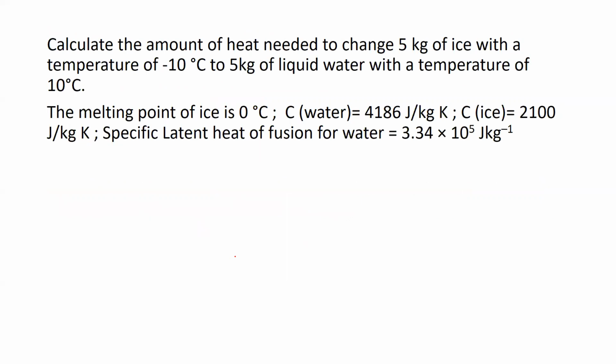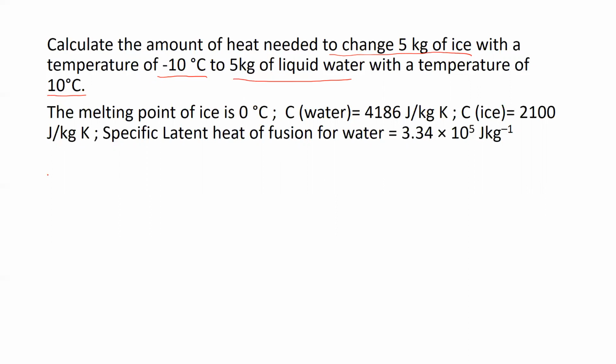Okay, calculate the amount of heat needed to change 5 kilograms of ice. We have 5 kilograms of ice with a temperature of minus 10 degrees Celsius, and we want to convert this to 5 kilograms of liquid water with a temperature of 10 degrees centigrade.